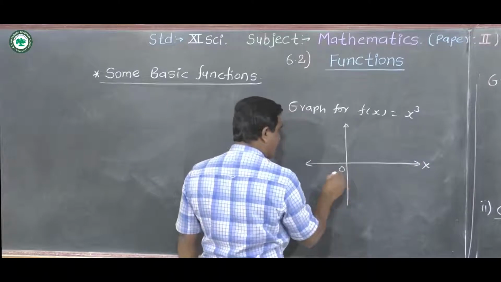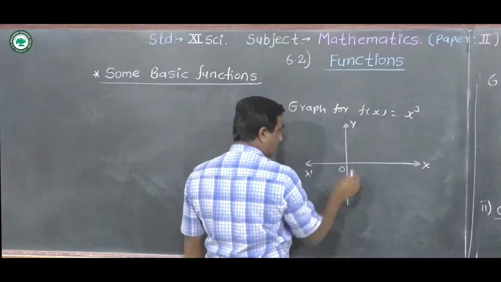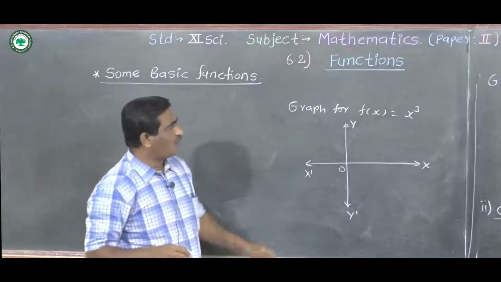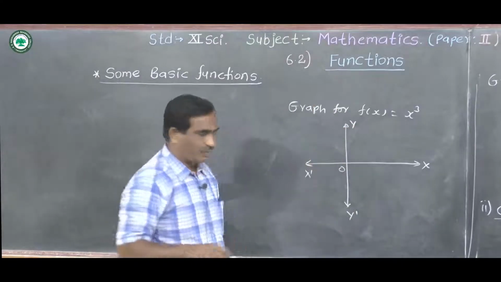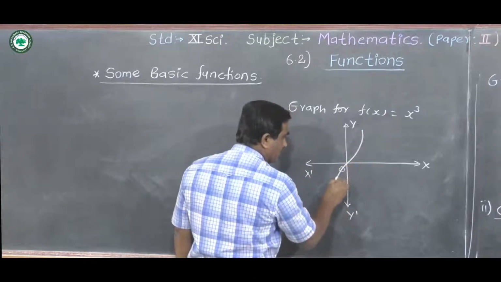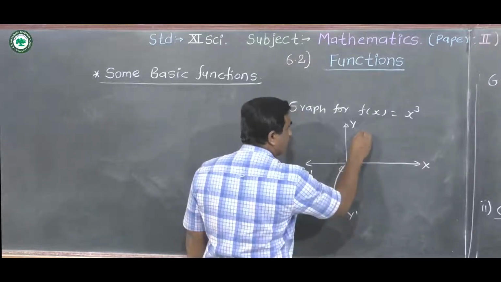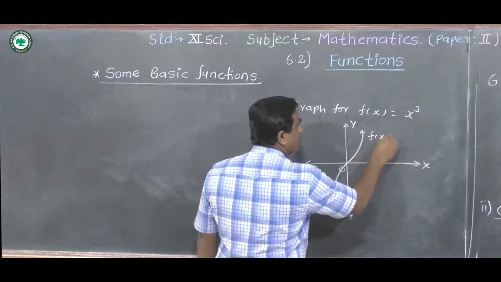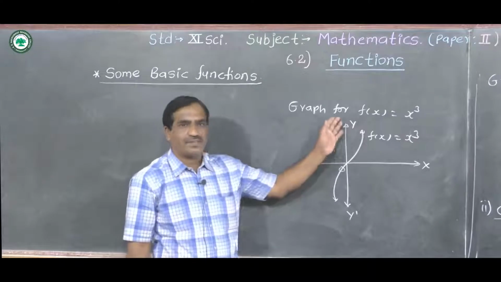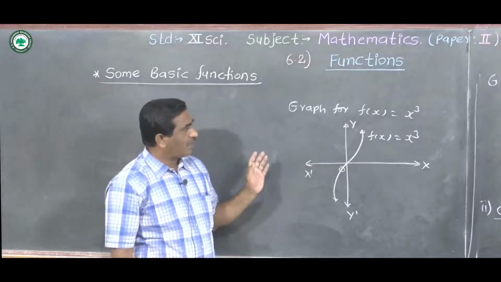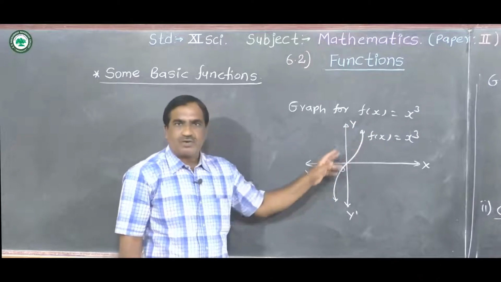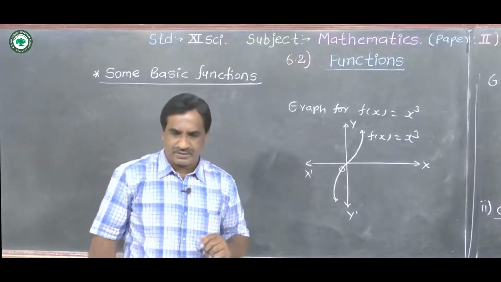X O x dash, y O y dash, and we can draw graph for this cubic function f of x equal to x cube like this. We can take scale on the x-axis and y-axis also, and we can draw this pattern.